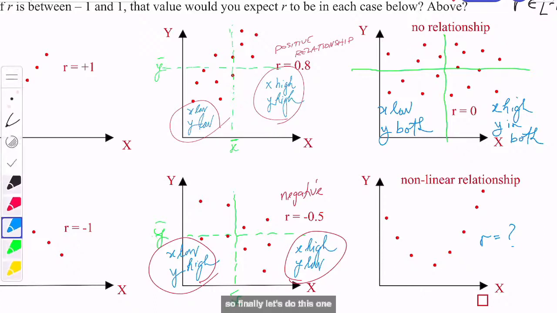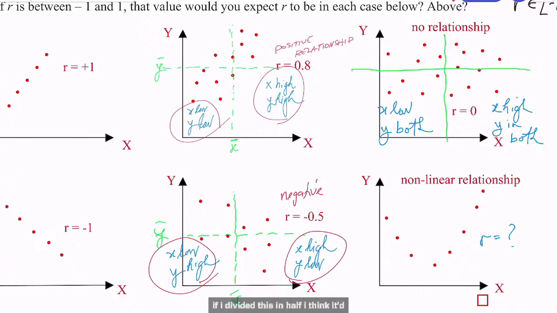So finally, let's do this one. If I divided this in half, I think it'd be a little bit over here. And then through here would be like here. And do you see the same thing that I just saw above? So what would R be?